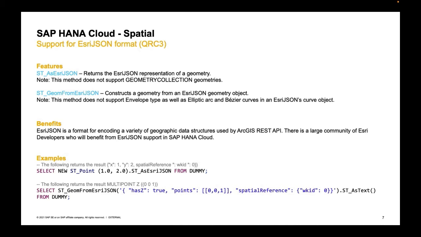So they have an ArcGIS client or server and want to use Esri-JSON encoded data and exchange it with the HANA Cloud database. And we introduced two new functions to return an Esri representation of a geometry and to construct a geometry from an Esri-JSON geometry object.